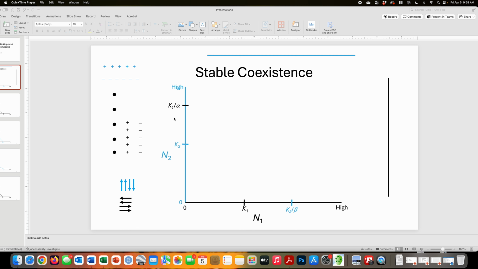So one way to think about this in stable coexistence is we have carrying capacity for both species relatively low, and it takes quite a few individuals of the other species to drive, for example, species 1 to extinction. And these are the conditions under which stable coexistence occurs.